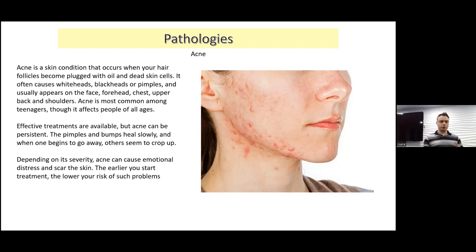And should it just so happen that when you're working on these areas that have acne, the acne pops, of course do your best to sanitize the area, clean the area with a towel or something, clean your own hands off, and then continue to work elsewhere and avoid that spot.